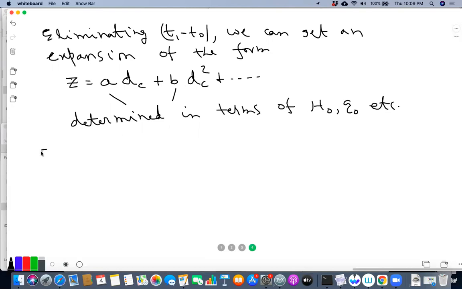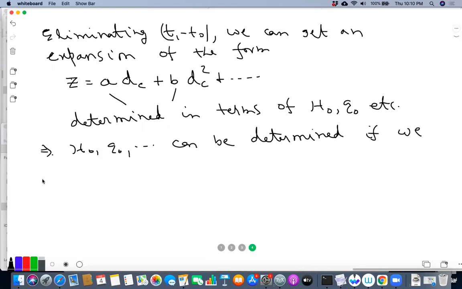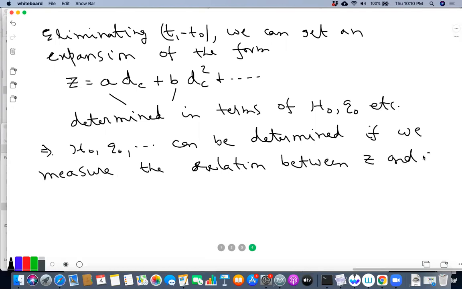So all these coefficients H0, q0, etc., can be determined if we measure the relation between Z and dc.